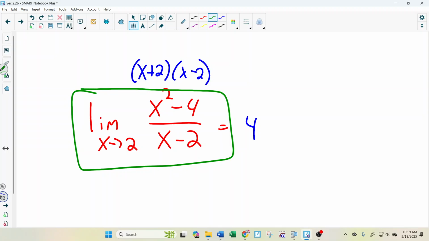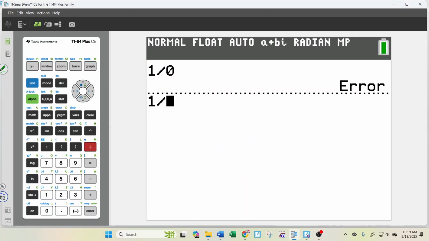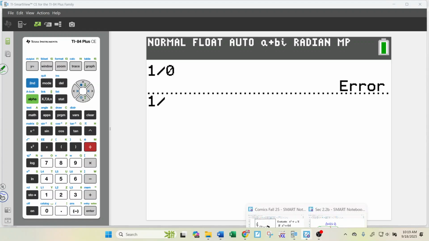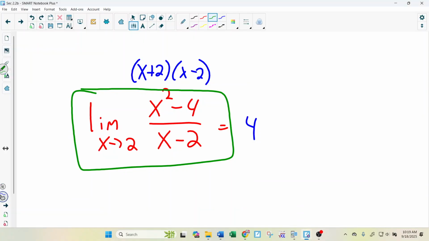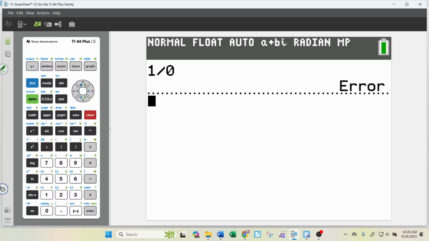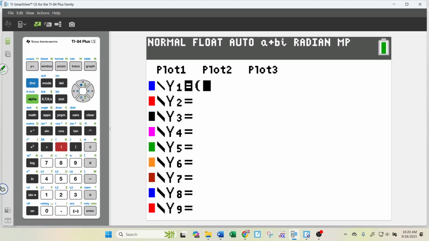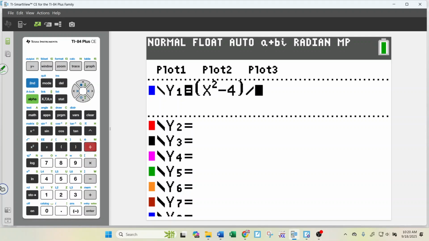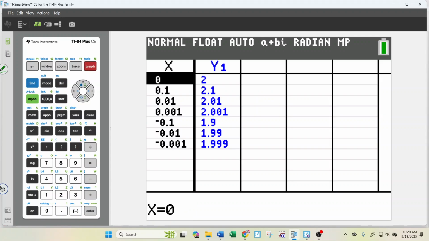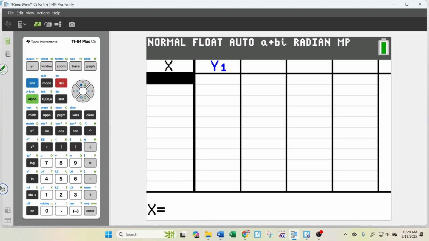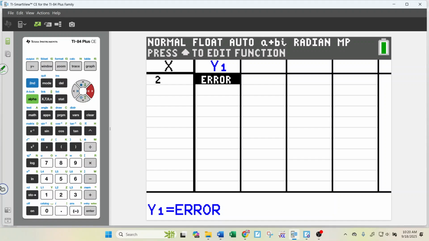So we're not actually putting the number in, right? I'm trying to get us to understand what our limit is here. Let me go to a calculator. If I say x squared minus 4 divided by x minus 2, we can't put 2 in because it gives you an error.